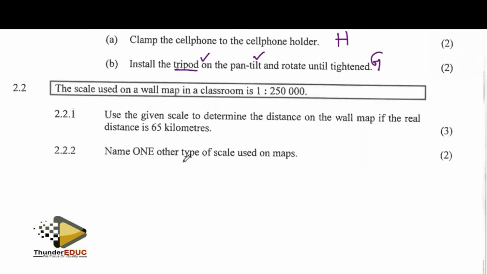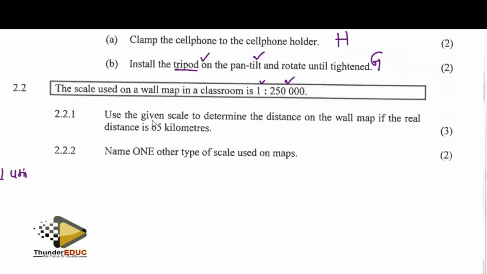Anyway, let's continue. Use the given scale to determine the distance on the wall map if the real distance is 65 kilometers. All right, the scale given to us is a number scale, or someone can call it a ratio scale. It simply means 1 unit on paper equals 250,000 units in real life. I'm answering question number 2.2.1.